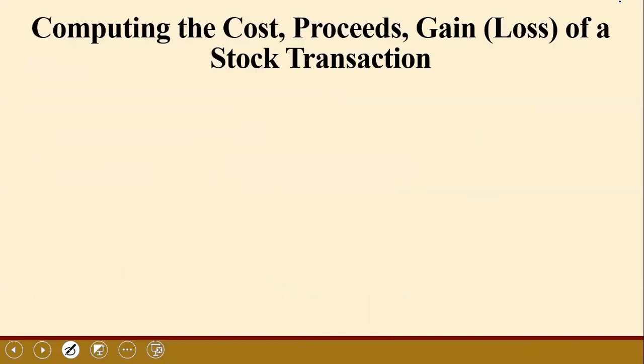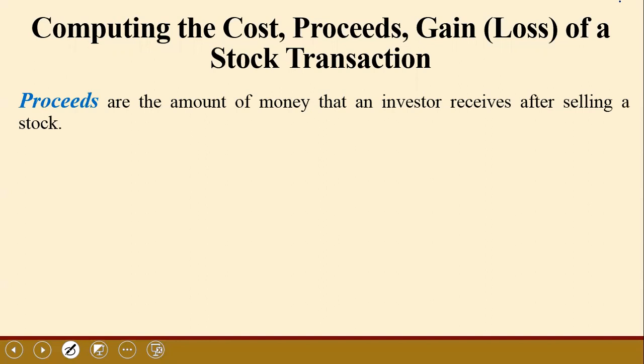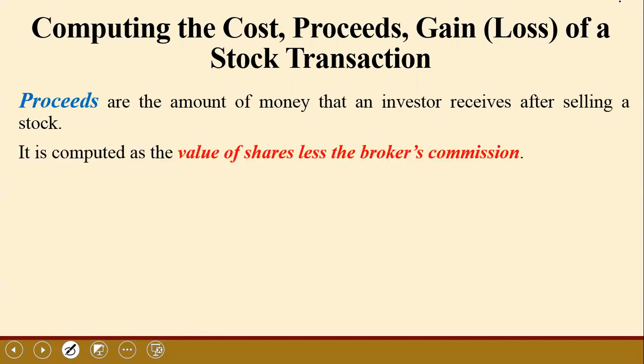Another one is computing the cost, proceeds, gain or loss of a stock transaction. So what are proceeds? Proceeds are the amount of money that an investor receives after selling a stock. It is computed as the value of shares less the broker's commission.